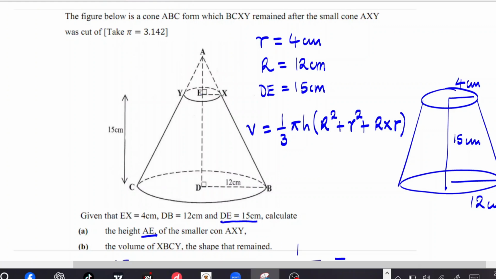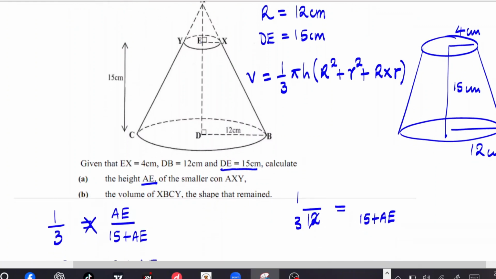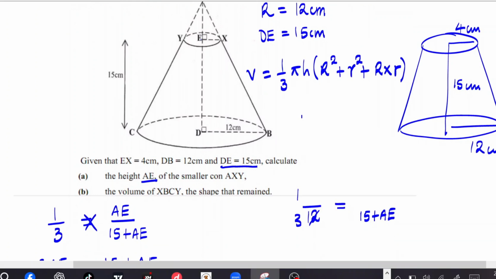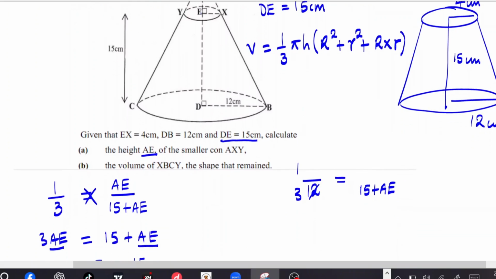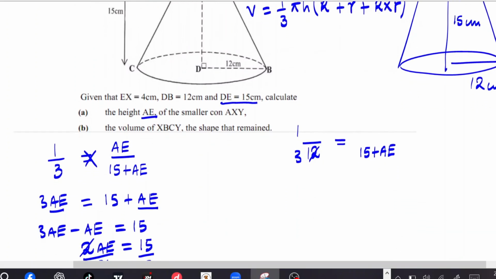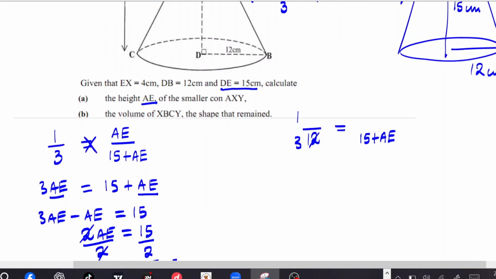That is the formula that you need to use. Having that formula, it is now straightforward to calculate the volume. Let me clear this part so that we can solve the volume now.